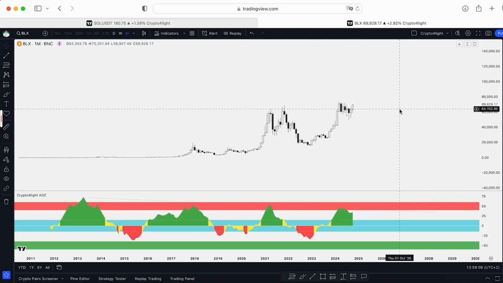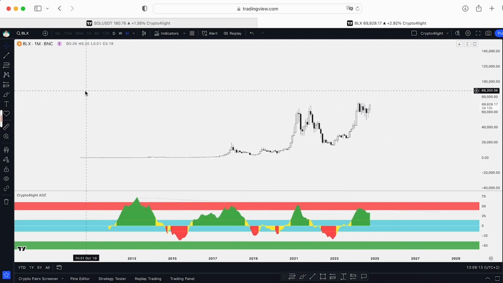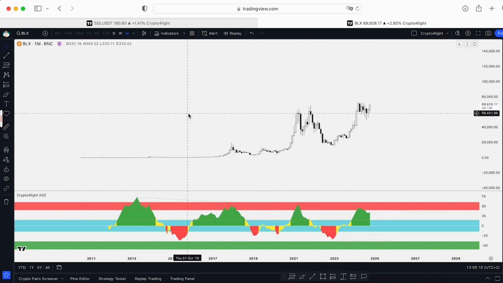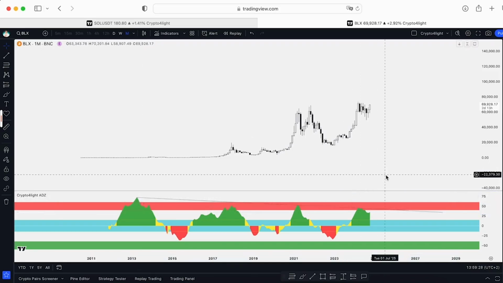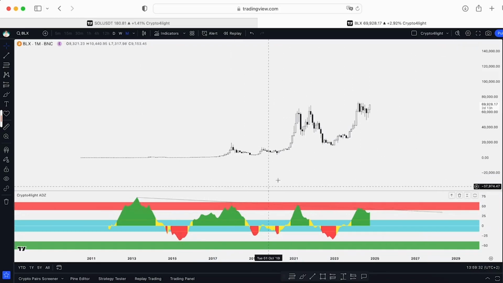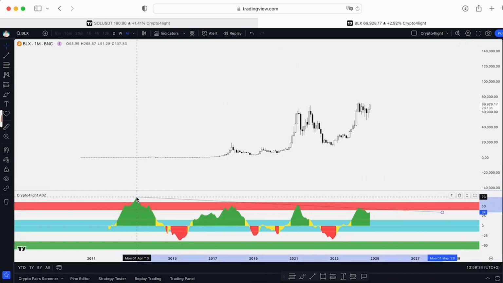Take a look, for example, at the historical chart of BTC. This is BLX since June 10. And guys, we formed the biggest divergence we have ever seen. I use ADZ, my custom indicator set, which I use personally to identify divergences and to work with accumulation distribution zones. So take a look, the highest point was here on April 13.